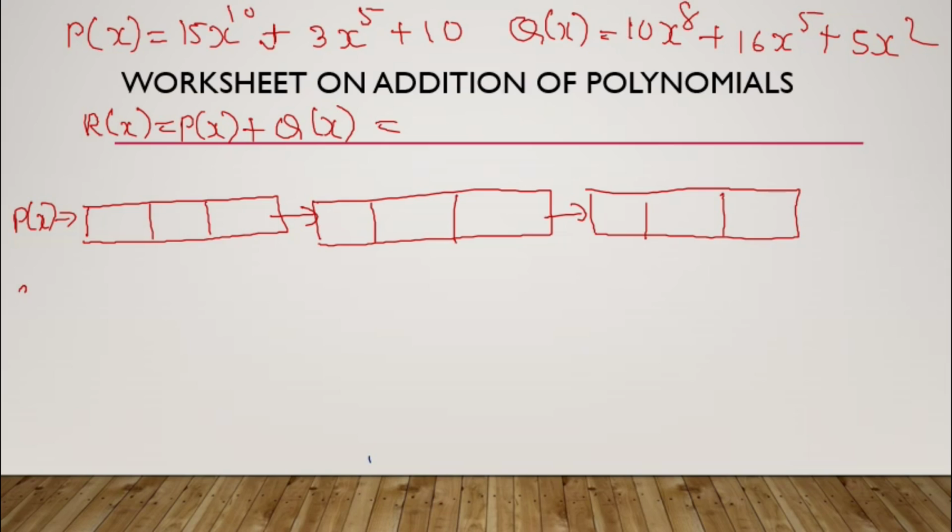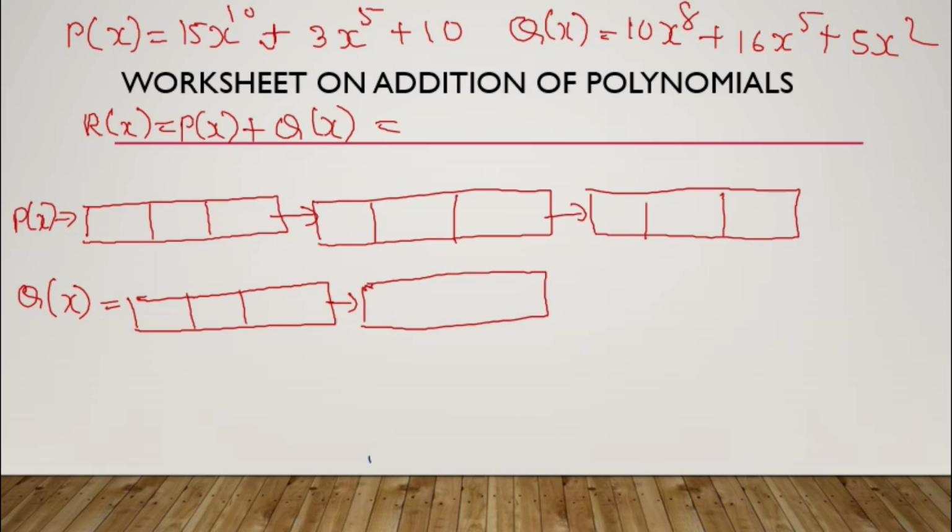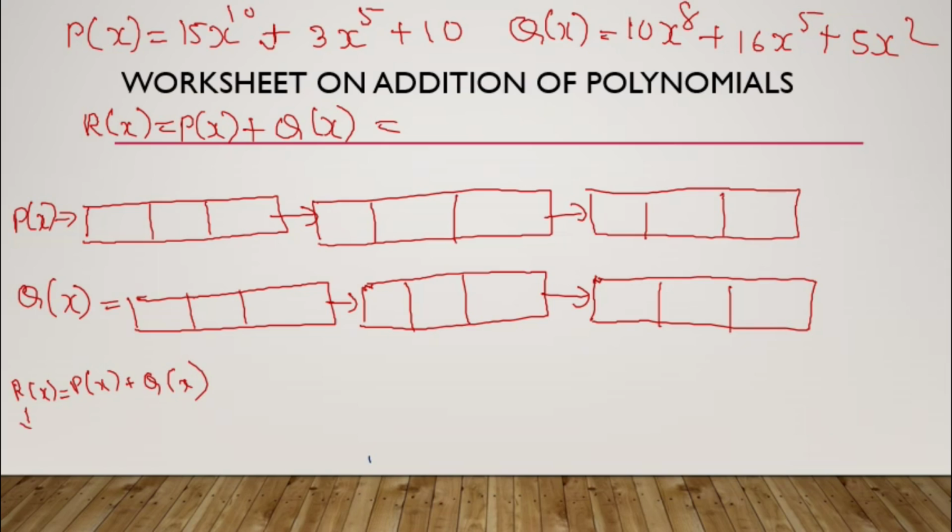Next is q of x. q of x also has three terms. Next is r of x is equal to p of x plus q of x. Correct? So let us do the linked list for that over here.